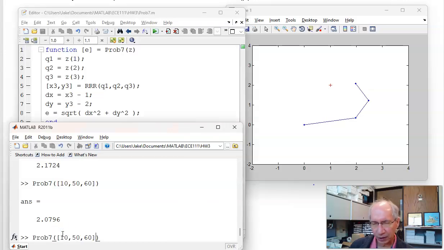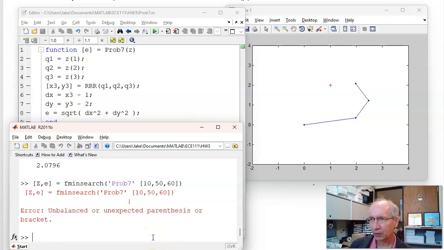So what I'll do is, instead of calling it, I'm going to call fmsearch. So z is my answer, e is the error, that should be 0. Call fmsearch. That's the Matlab function that tries to find the minimum of a function. The function I want to minimize is problem 7, and here's my first guess. Let's go.